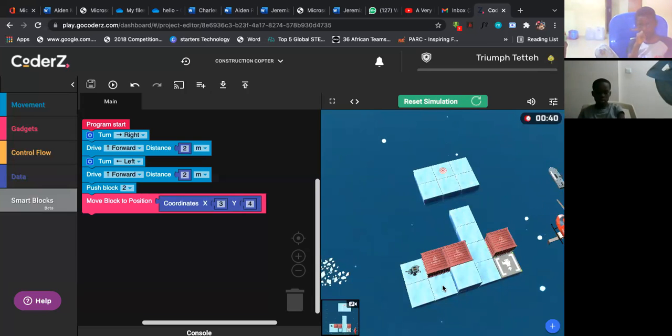You can do maybe when it touches the ice block, it should turn. When what touches the ice block? The robot. Yeah, but the ice block is no longer there. We have moved the ice block. The helipad has carried the ice block. Let me run it for you to see.